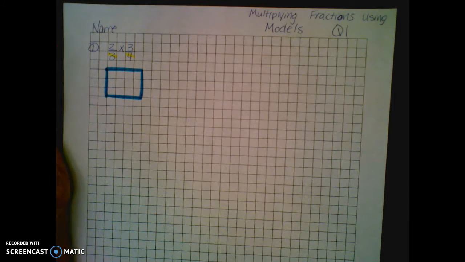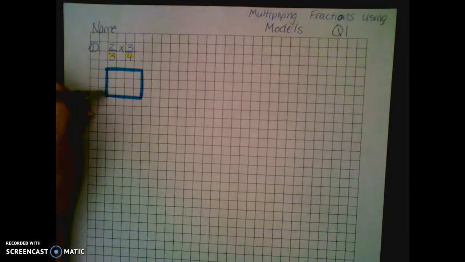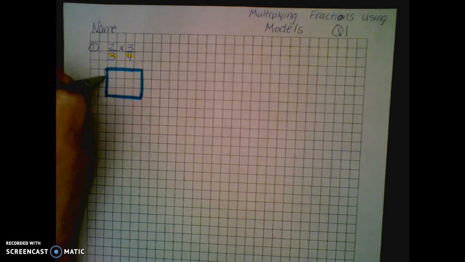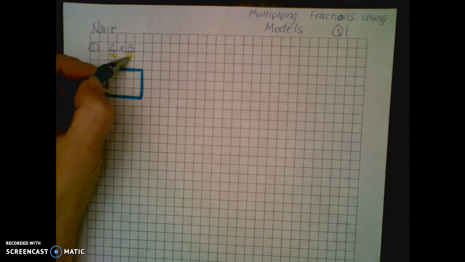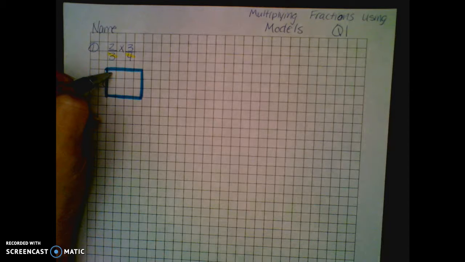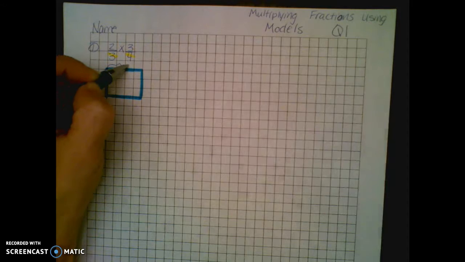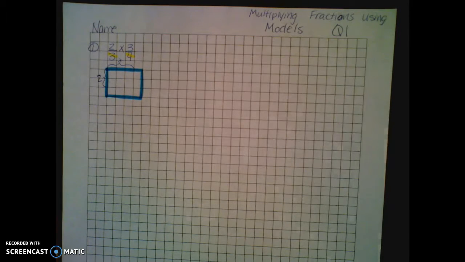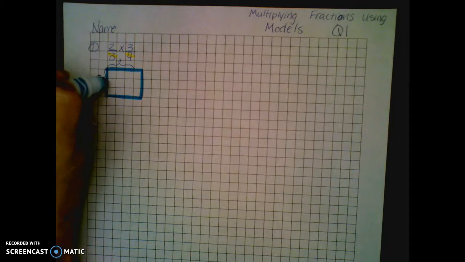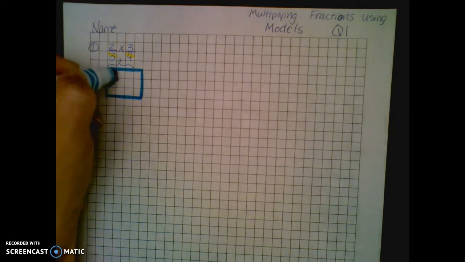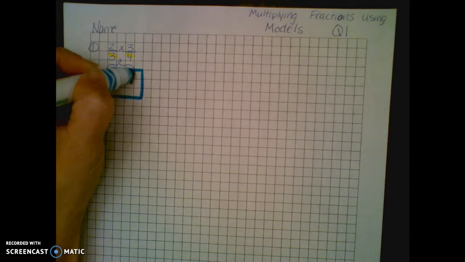Just like with multiplying decimals, I see how many thirds, because there are 3 rows, do I need? Well, I need 2 thirds. Then how many fourths do I need? That would be represented by my columns, 1, 2, 3, 4, and I need 3. So I'm going to shade in a 2 by 3 rectangle.